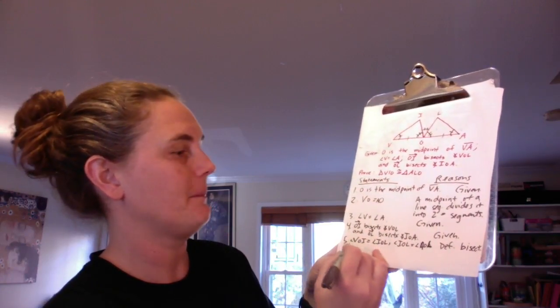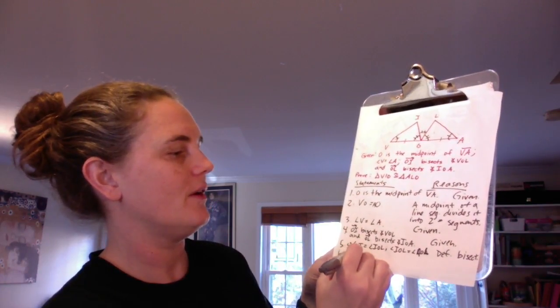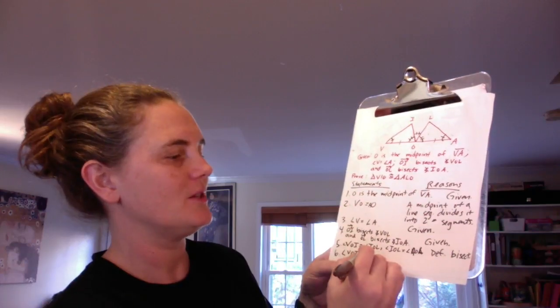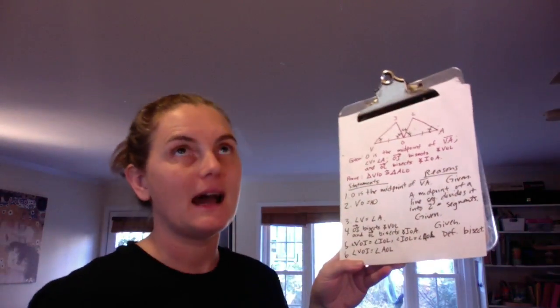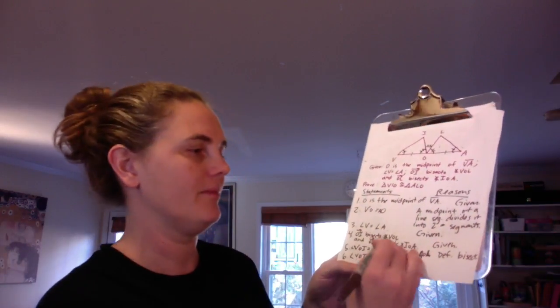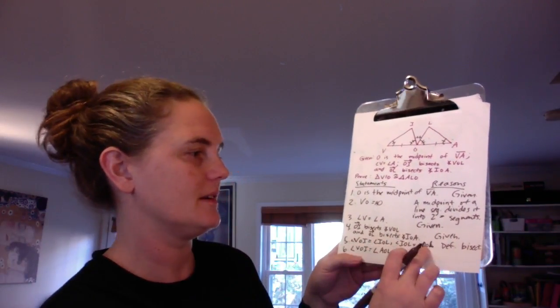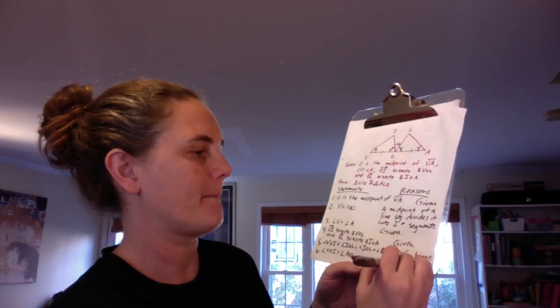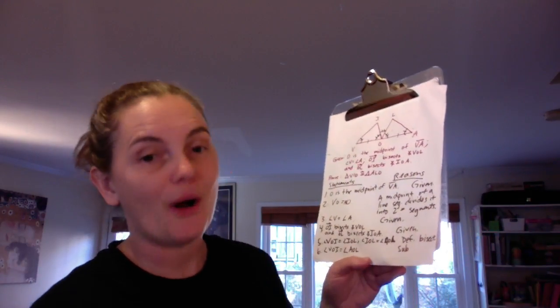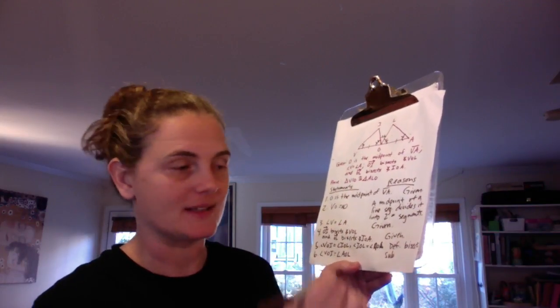Okay, so the measure of angle VOI is equal to the measure of angle AOL. Now, what's the reason for that? How about substitution? You could also use the transitive property in this case.